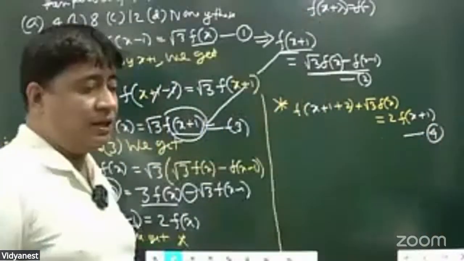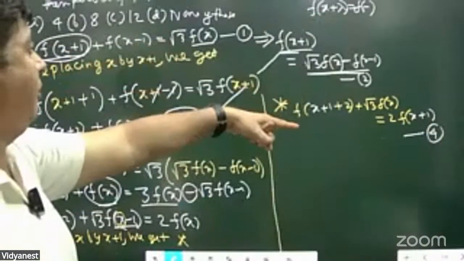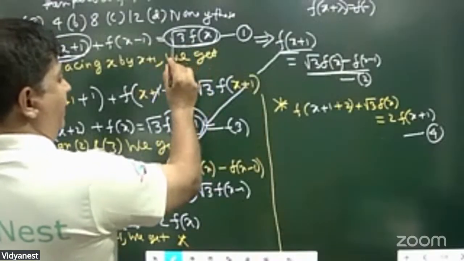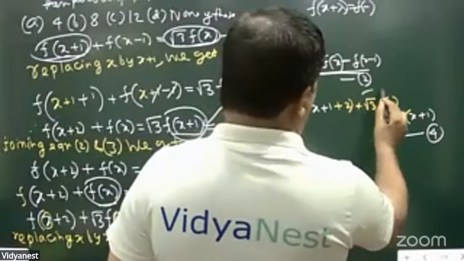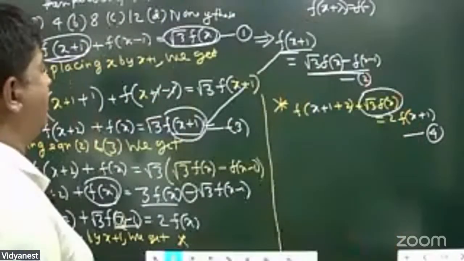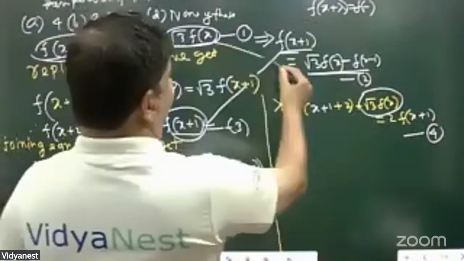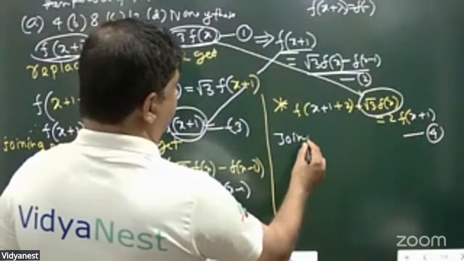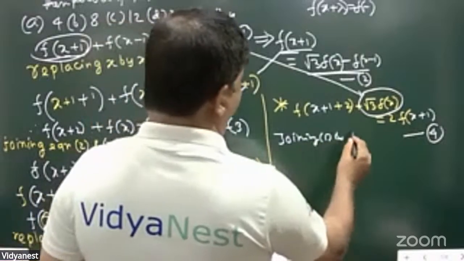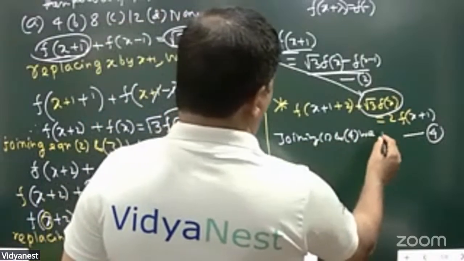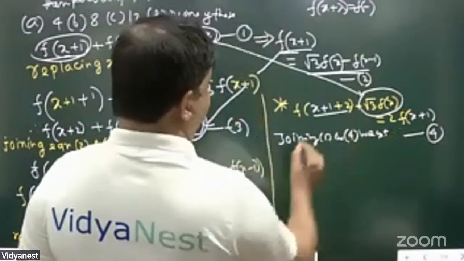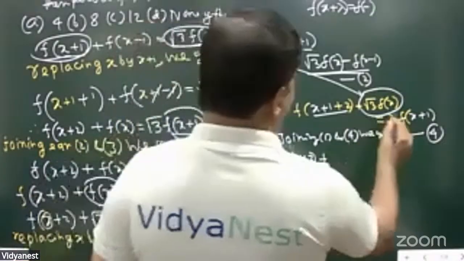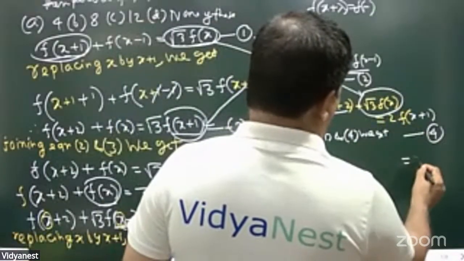Now what is the connection between equation 1 and 4? In equation 1, the right hand side has root 3 f(x), and in equation 4, the left hand side has root 3 f(x). So we can connect 1 and 4. Joining 1 and 4, we get f(x plus 3) plus this will remain unchanged.